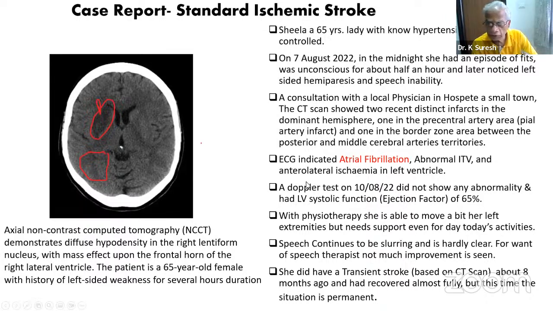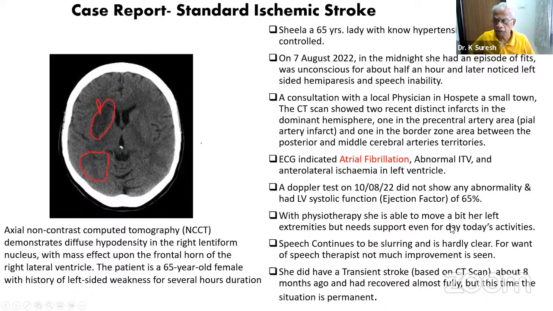She recovered about 20% of muscle power. Physiotherapy did help her. Today she is able to go to the bathroom herself after about 8 weeks. But speech continues to be slurring. And as you know, these are smaller towns.